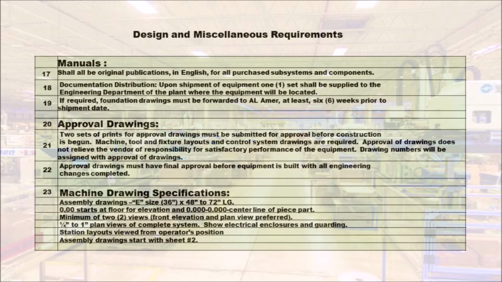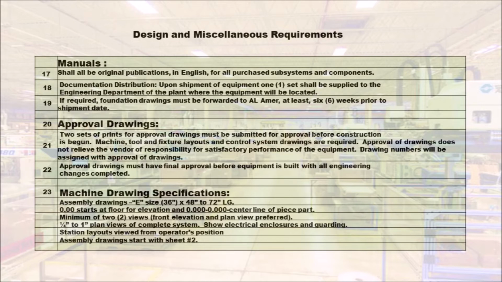Machine, tool, and fixture layouts and control system drawings are required. Approval of drawings does not relieve the vendor of responsibility for satisfactory performance of the equipment. Drawing numbers will be assigned with approval of drawings. 22. Approval drawings must have final approval before equipment is built with all engineering changes completed.